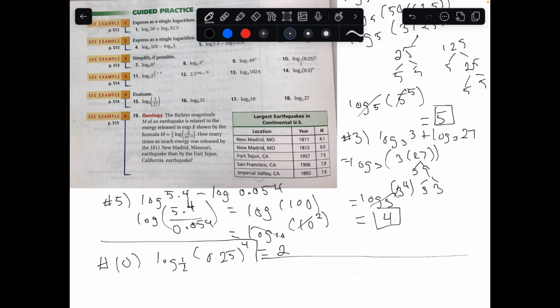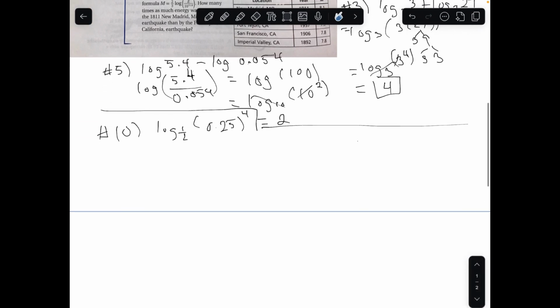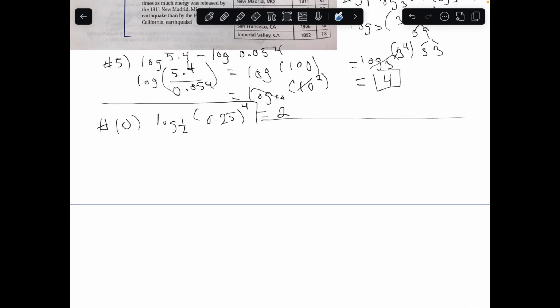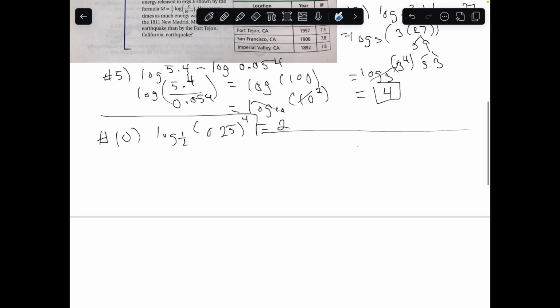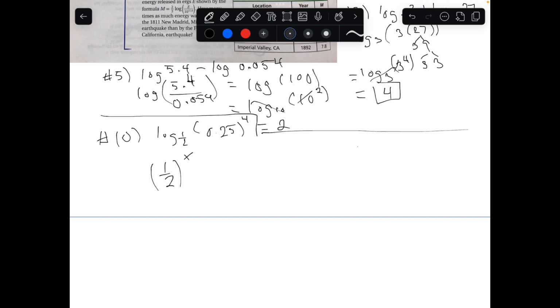Okay, so I'm going to rewrite this. Now, remember, I can rearrange these things into exponent form. If I did that, it would be 1/2. I don't know what my answer is, equals. And then I have 1/4.